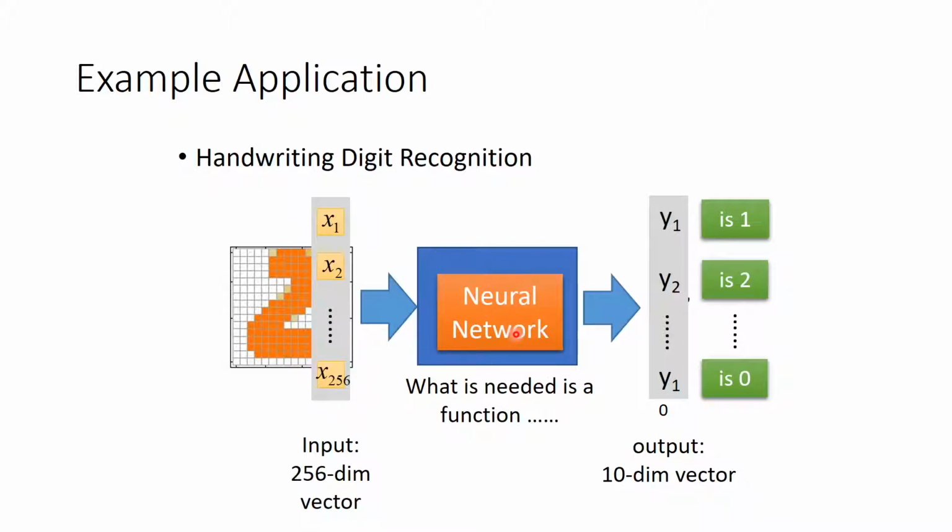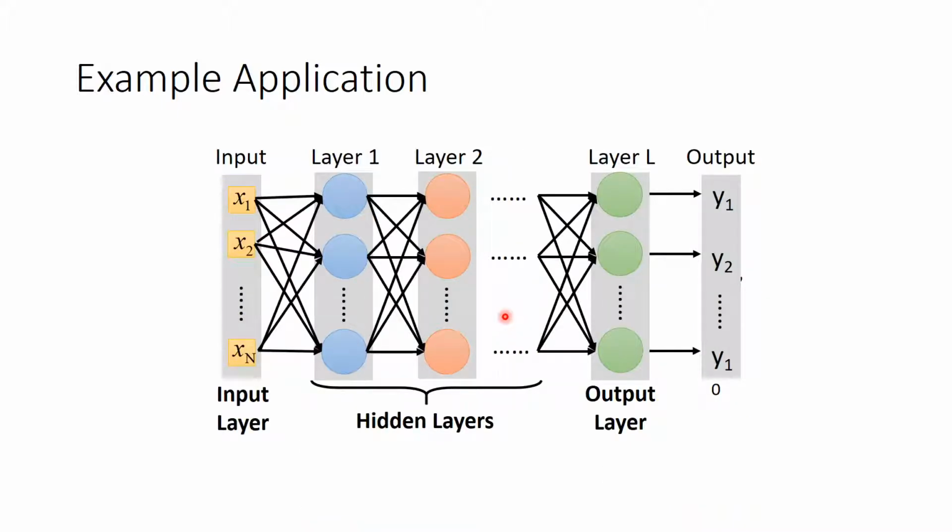We will see how many neural networks in the next class. And the neural network will look like this. This is our input that we saw in the slide above, and this is our output.